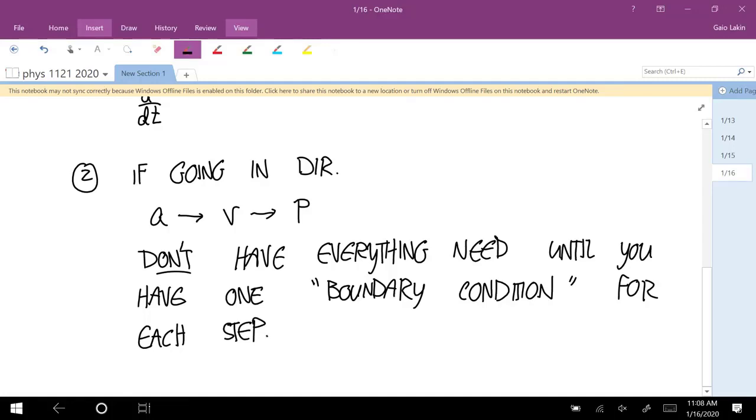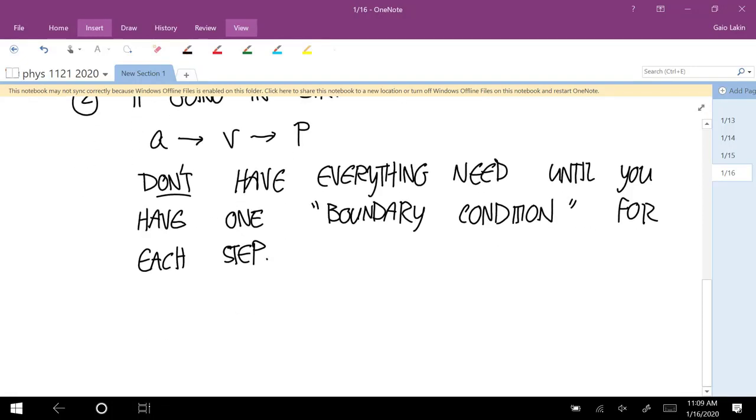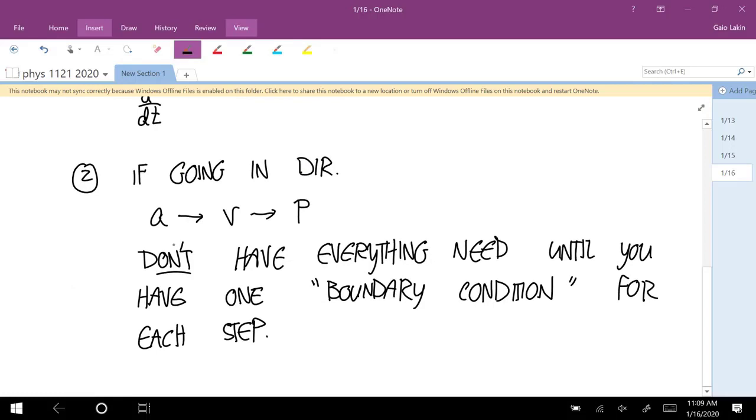Okay, so if you're going from acceleration to velocity, that's one step. You're going to need one boundary condition. If you're going from acceleration to position, that's two steps. You're going to need two boundary conditions. The reason for this is that in this direction, you're taking integrals with respect to time. And when you take integrals, you have constants of integration.